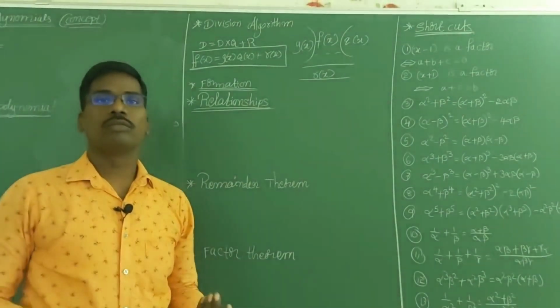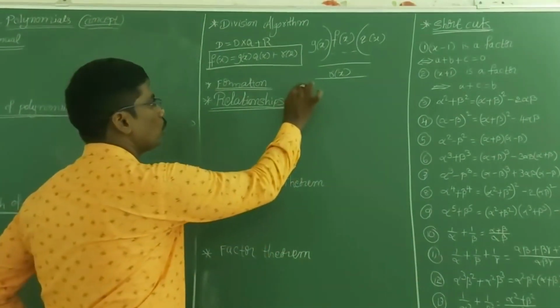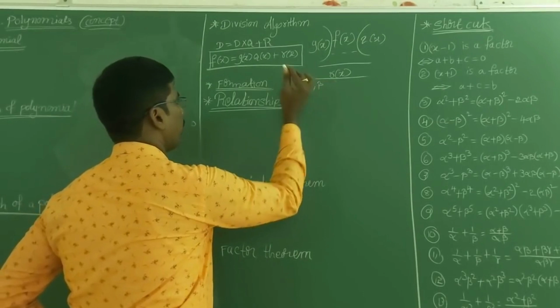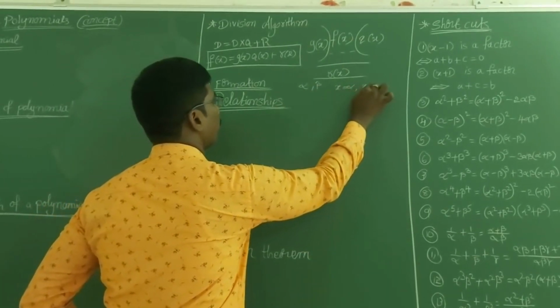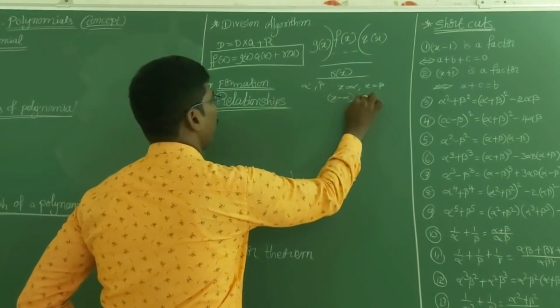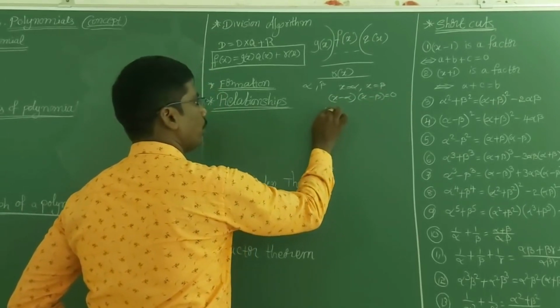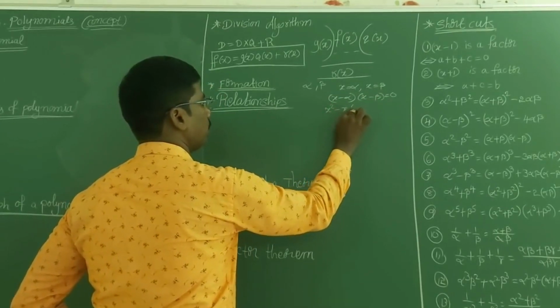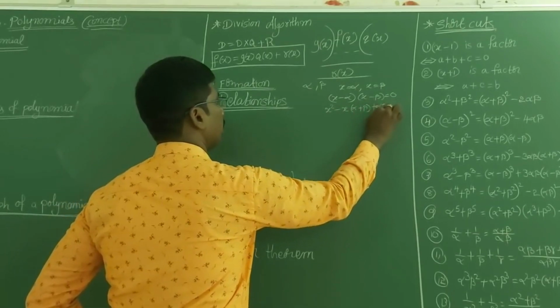How to form a quadratic polynomial or cubic polynomial? If you know two zeros alpha, beta, then think x is equal to alpha and x is equal to beta. Now x minus alpha into x minus beta is equal to 0. Then multiply these two, you will get x square minus x into alpha plus beta plus alpha beta is equal to 0.